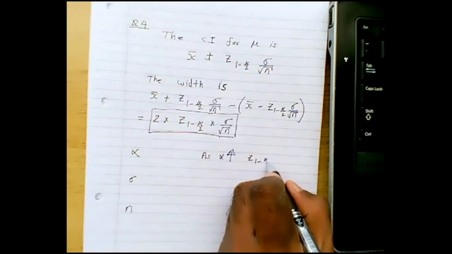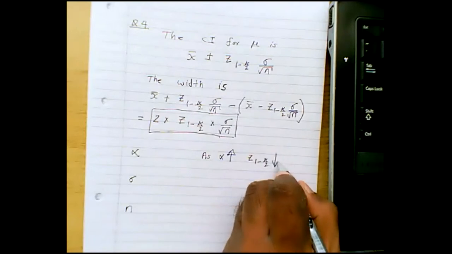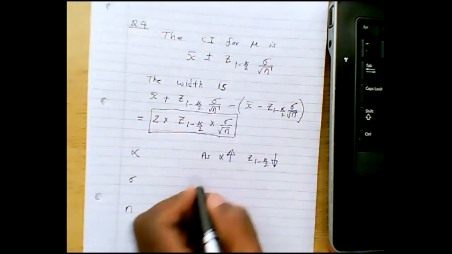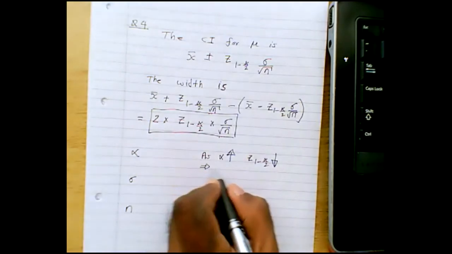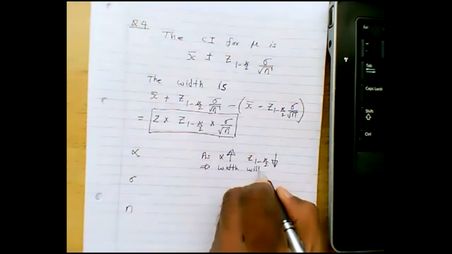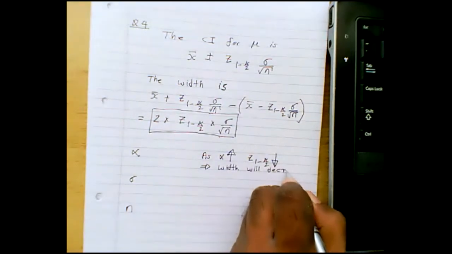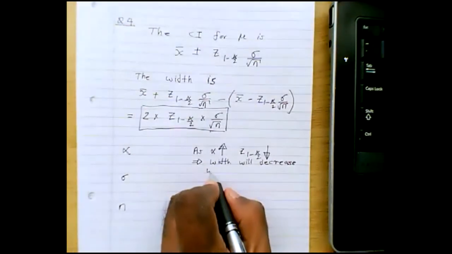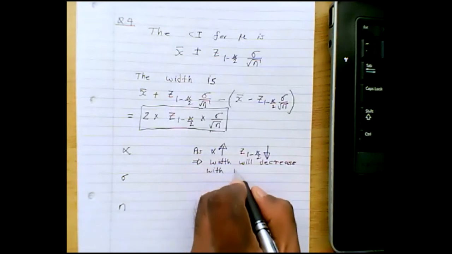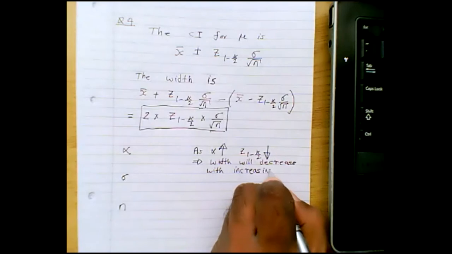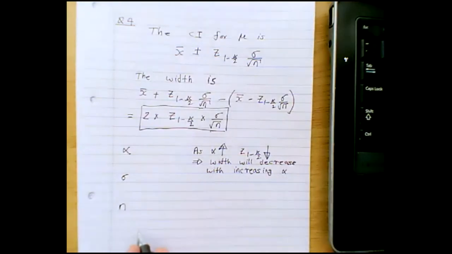Z1 minus alpha by 2 decreases. So the width will decrease with increasing alpha.